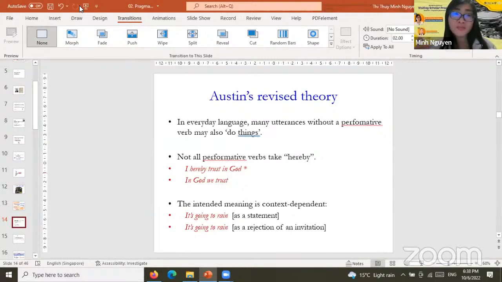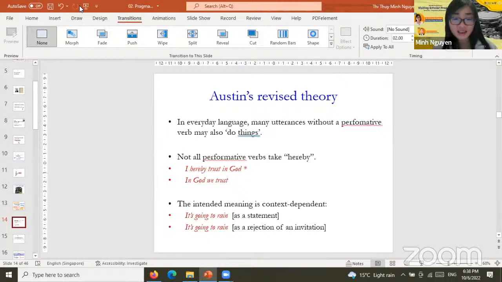The list of performative verbs available in any language is restricted. There's only a small number of performative verbs, whereas the sentences that we can say to do things are much larger, and infinite, actually.